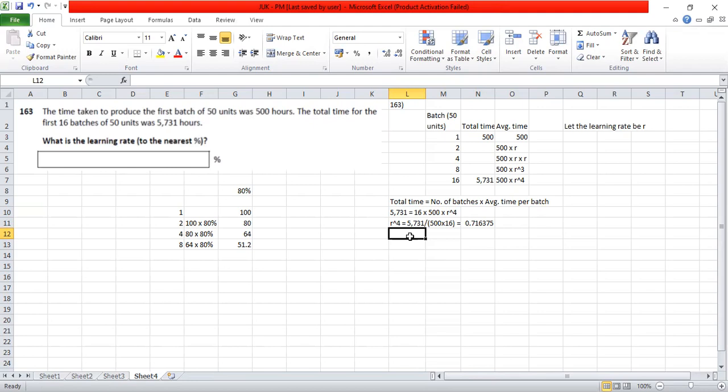Take the square root two times if it's possible.